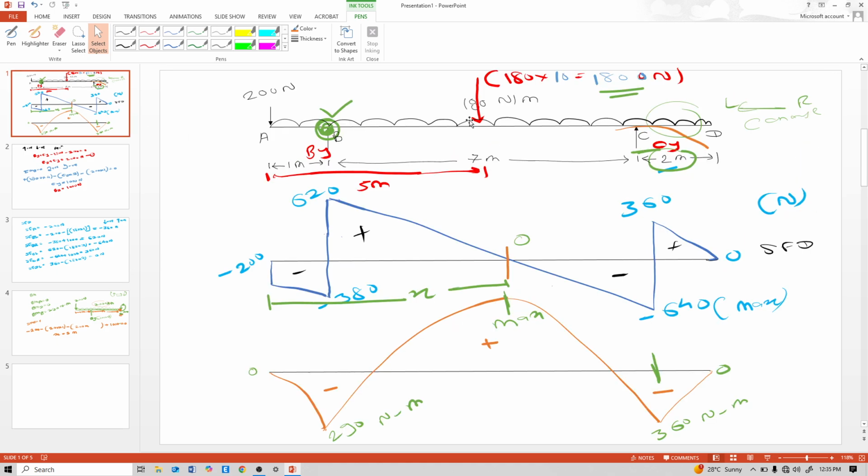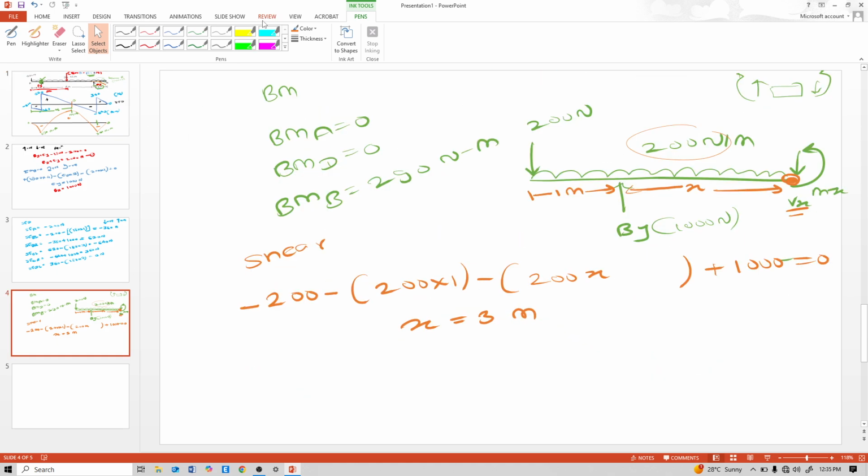See, this is not 200, this is 180 Newton per meter. That's why our calculation is going wrong.